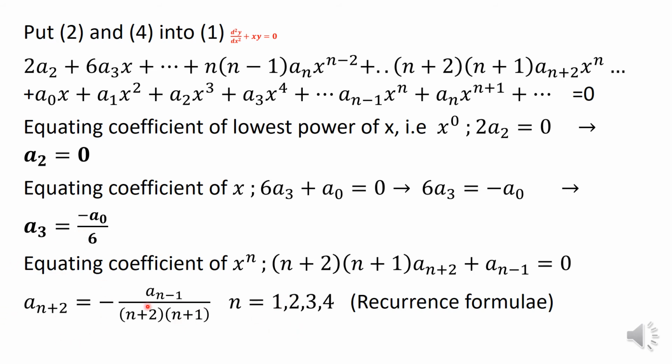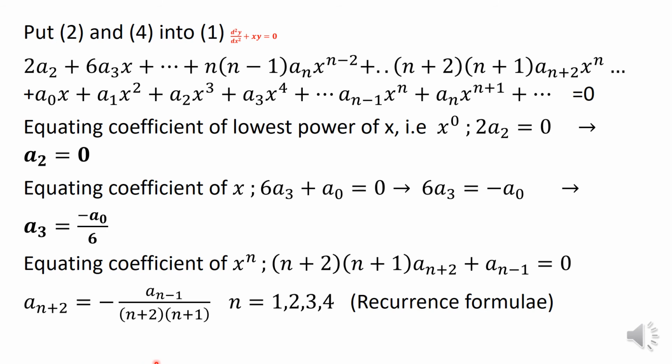So put the value of n: 1 plus 2 equals 3, 1 plus 1 is equal to 2, 2 into 3 is 6, minus a0. So the same value we have already calculated. This is only to check the formula, whether our formula is okay or not.